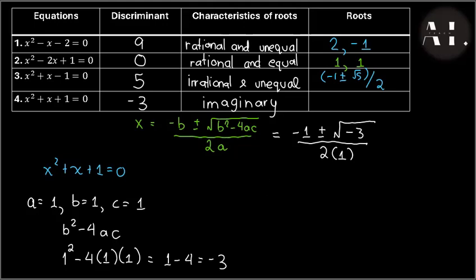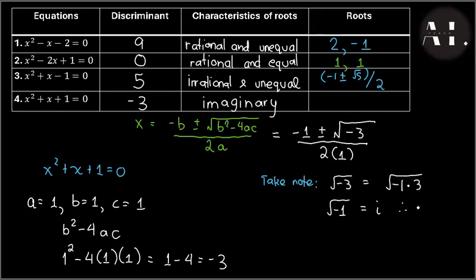Take note that this expression here, square root of negative 3 can be written as the square root of negative 1 times 3, where the square root of negative 1 is equal to i, or the imaginary number.